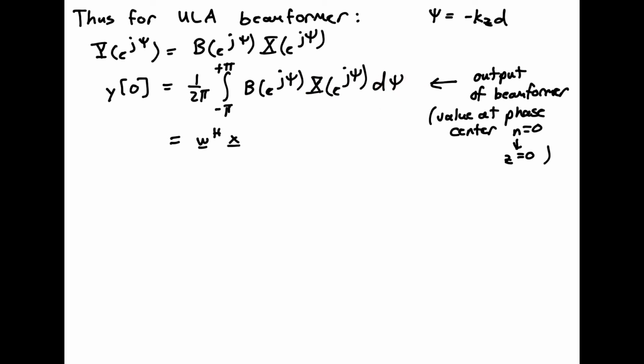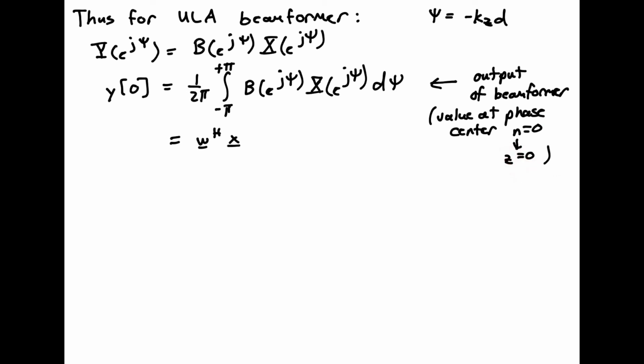This is equivalent to w Hermitian x, which is how we calculate the output of the beamformer. It's a scalar output, and it's really the value that we get at the phase center of the array. The phase center is defined as the n equals 0 element, which in our case corresponds to the z equals 0 element.